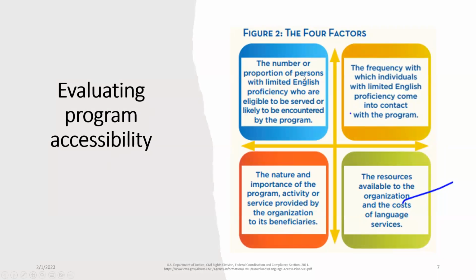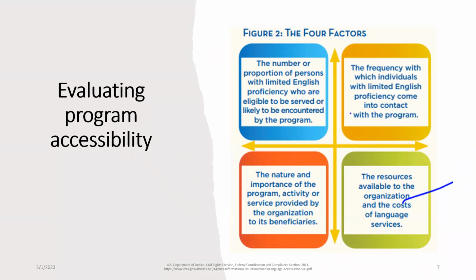Now, these are the 4 factors that are taken into consideration when we are evaluating program accessibility. First, the number of people with limited English proficiency who are eligible to be served or we may likely encounter in any of our programs.